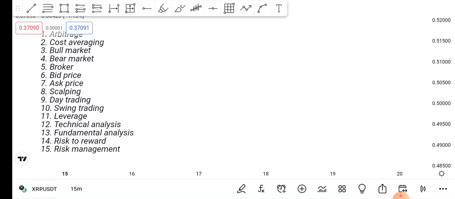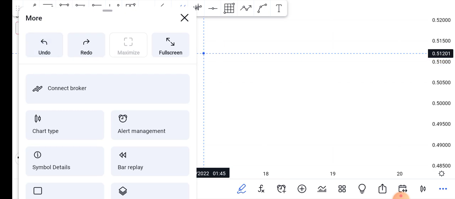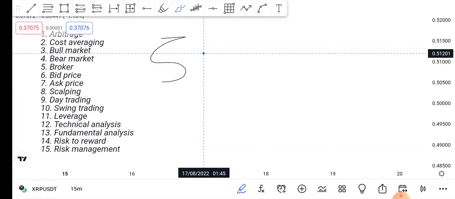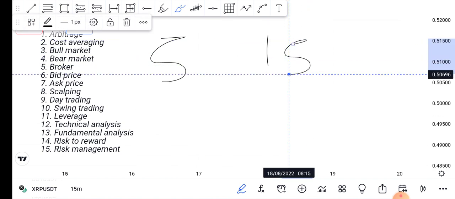Let's say I'm entering a trade with $5. I enter the trade with $5, and if the trade goes according to my prediction, I'll be making $15. Now, what is the risk to reward of this trade? I'm risking $5 to get $15.